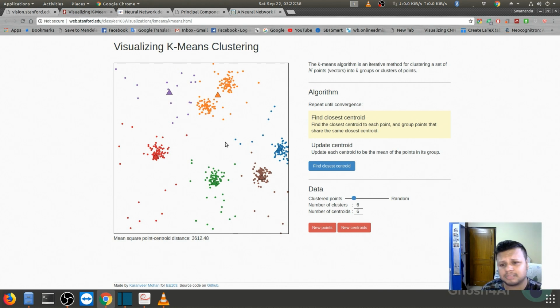So it's very much dependent on how you initialize. There has been some work on much smarter initialization techniques. So if we have new centroids and we keep on doing this, yeah, now it's the case with this purple mean point. It's actually grabbing two clusters together.